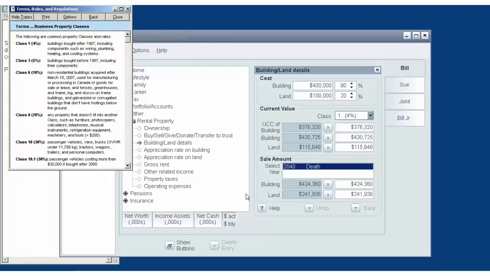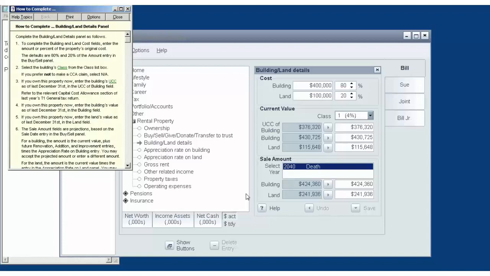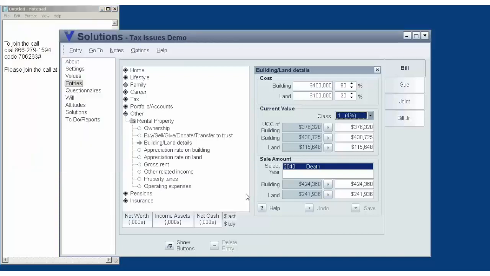So they tell you what a Class 1 4% property is, for example. Or if we go down to UCC and bring it up, it explains how the capital cost allowance claim works. So for those of you who are existing users, I know that you're familiar with all of this, but I still needed to go through it for people who are looking at the software for the first time.